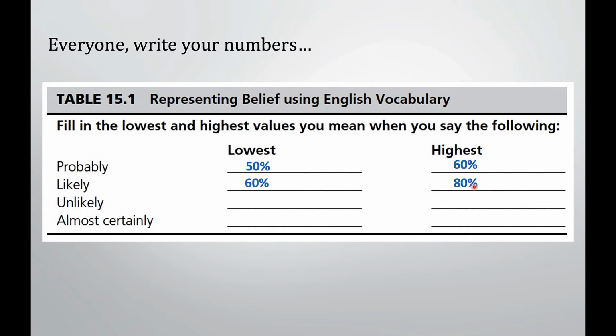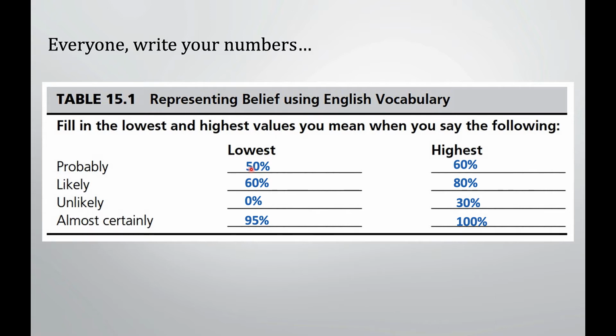And when I say something is unlikely to happen, I mean between 0 and 30%. If I say something is almost certainly going to happen, it has to be at least a probability of 0.95, 95%. So these are my numbers, which almost certainly would be different from the numbers you have put down.